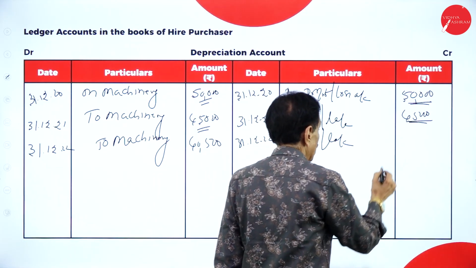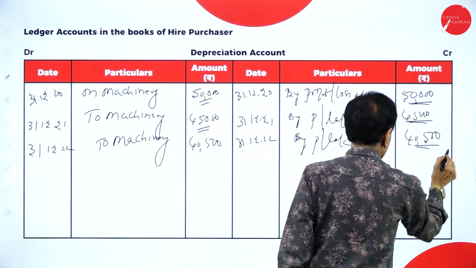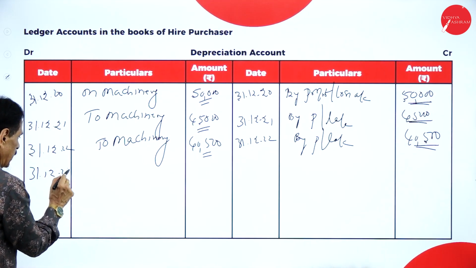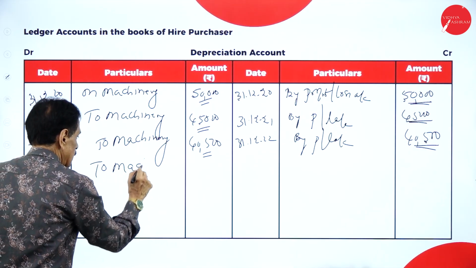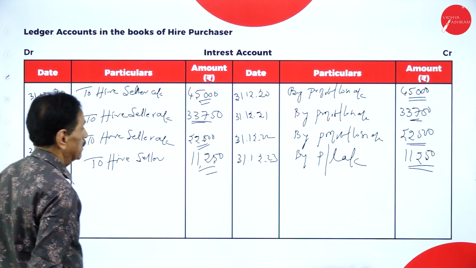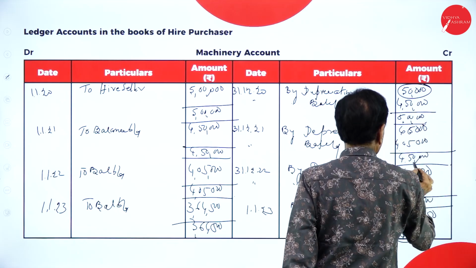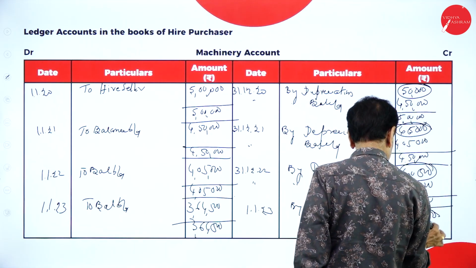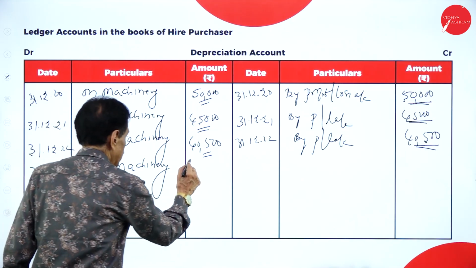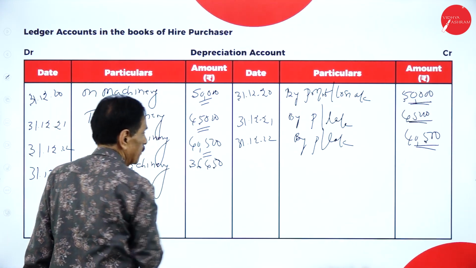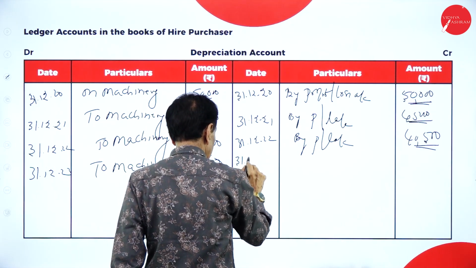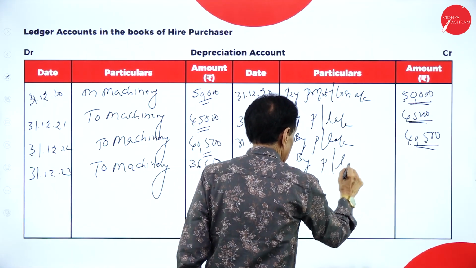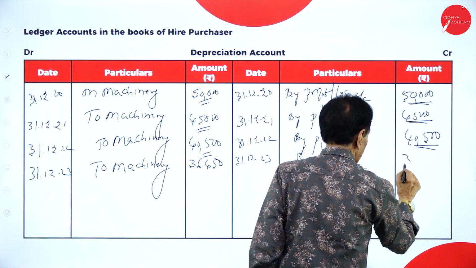Transfer entry. Last year, 31st December 23, to machinery, fourth year, 36,450, transfer entry, by profit and loss, 36,450.